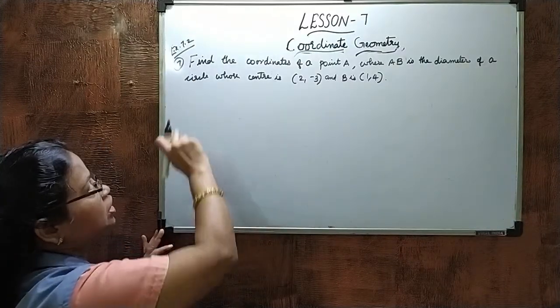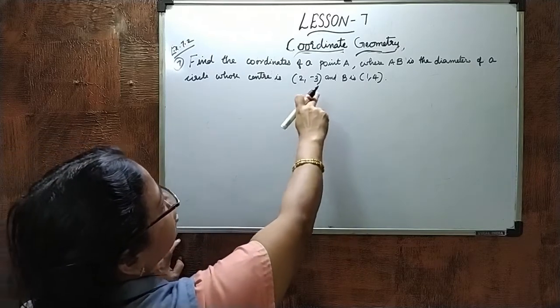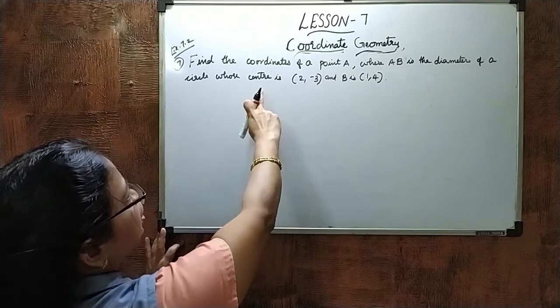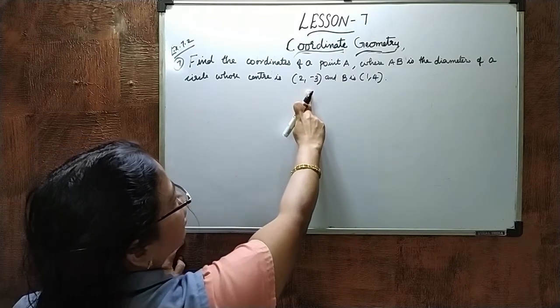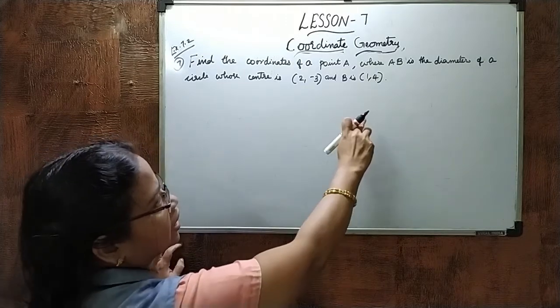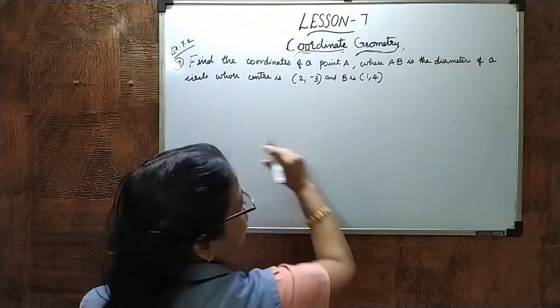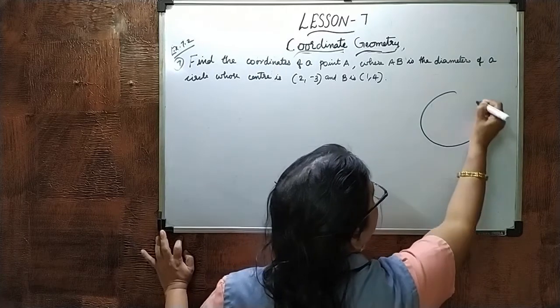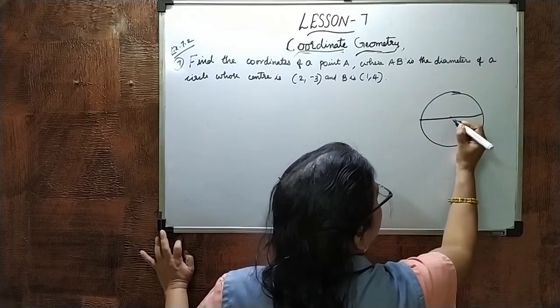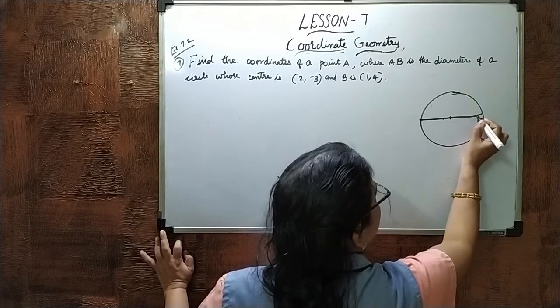7.2, 7th question. Find the coordinates of a point A where AB is the diameter of the circle whose center is 2, negative 3 and B is 1, 4. That means AB is the diameter of a circle. So this is a circle, right? Diameter means the line should pass through the center.